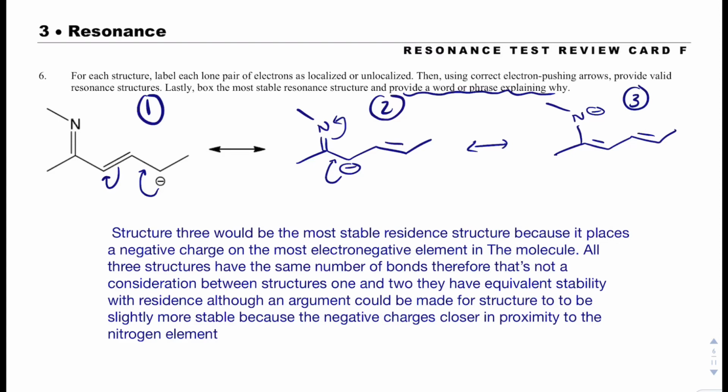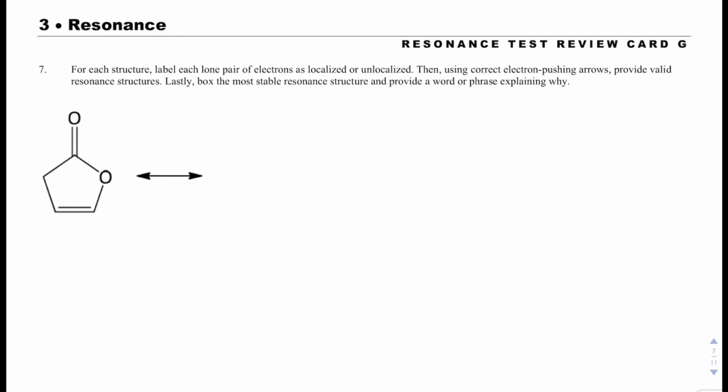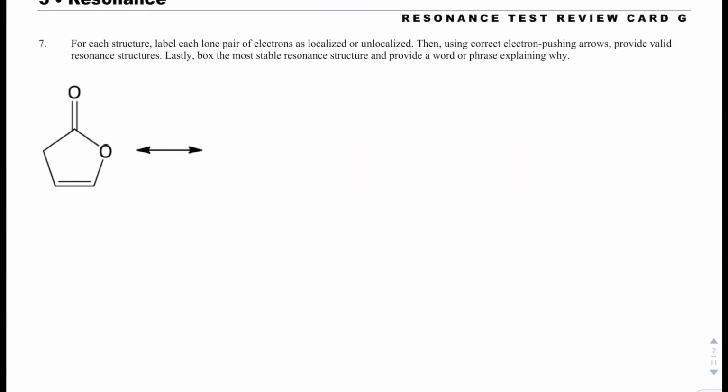Okay, number 7. Now this one does not have any charge, so I'm thinking about my lone pairs, and what I see is a carbonyl group, and my gut is to focus on that one first.